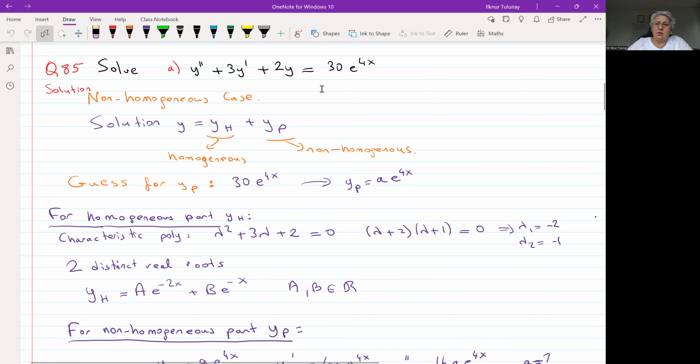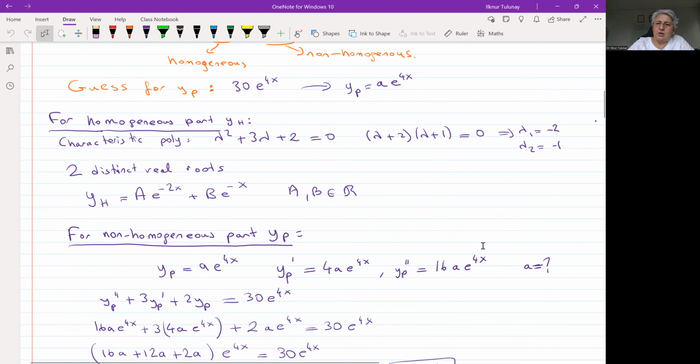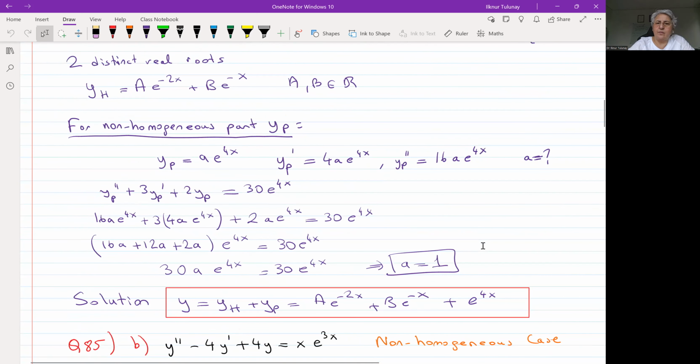Now we need to do the non-homogeneous part. We use our guess function and its derivatives, and this guess function has to satisfy this equation. If we take the first and second derivatives and substitute in, the equation needs to be satisfied, and that will help us figure out the coefficient a. This is the procedure for the second part.